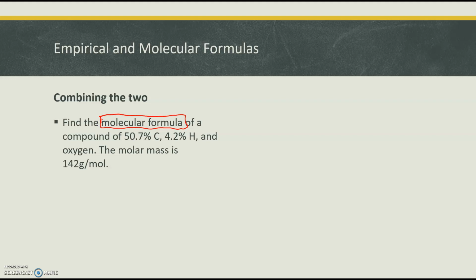However, we're not given our empirical formula. Instead, we're given percent composition of carbon and hydrogen and the fact that we have oxygen. We can use this information in order to find our empirical formula. To find the amount of oxygen we need, we're going to add our 50.7% carbon to our 4.2% of hydrogen.